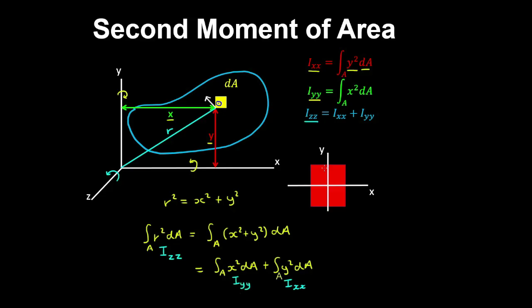Now if we consider this example, and we want to find the second moment of area about the horizontal axis, well, we'll break this section up into infinitely thin rectangles, and these have a thickness dy, and the section has a width b and a height h.